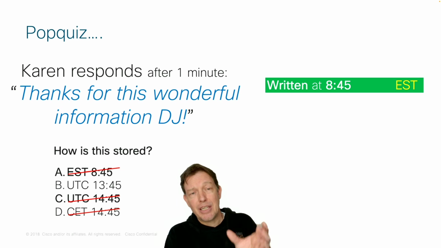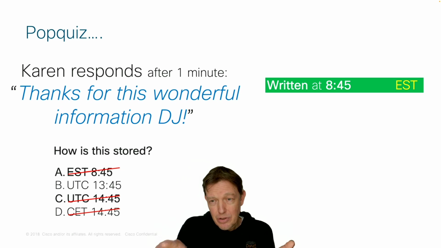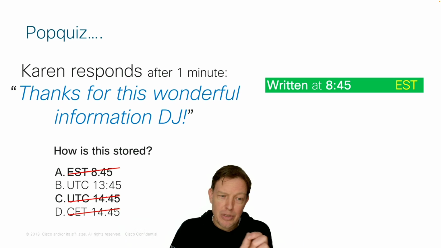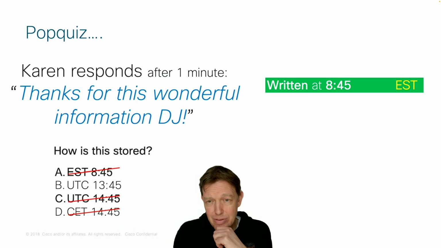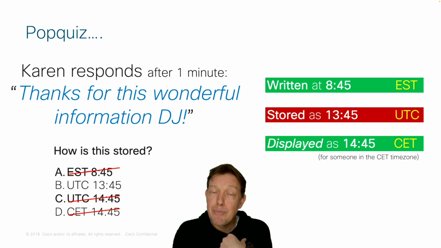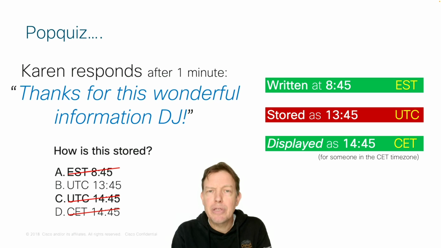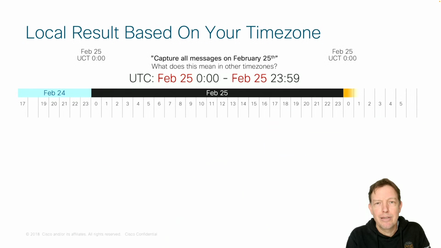If you write a message at 8:45 EST, the offset is 5 hours, so 8:45 plus 5 hours is 1:45. So stored as 1:45, and in my client displayed as 2:45, exactly 1 minute after my previous message. Cool, right?